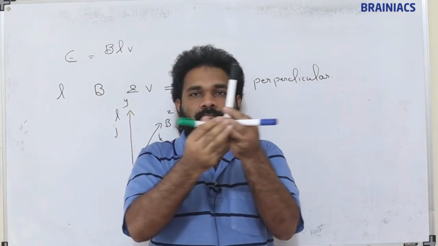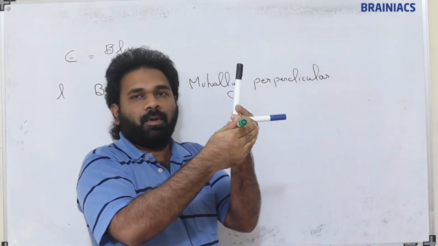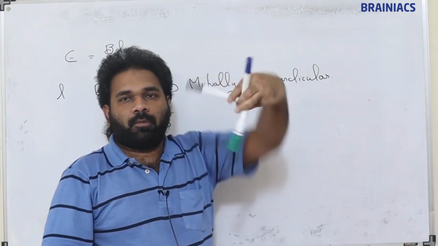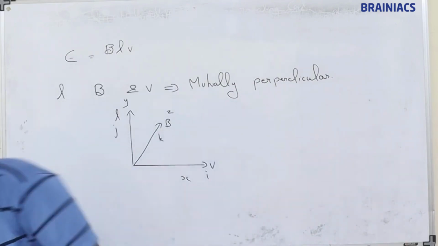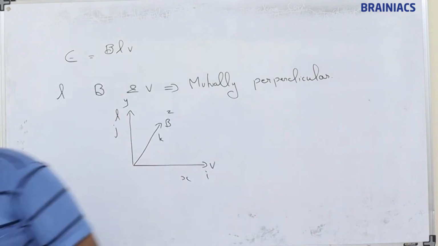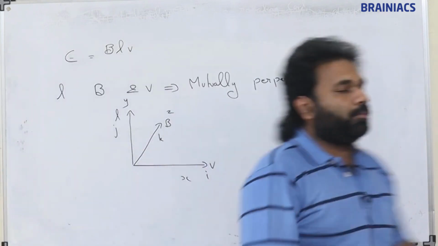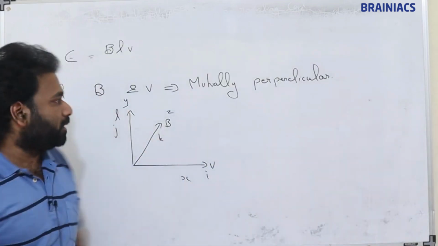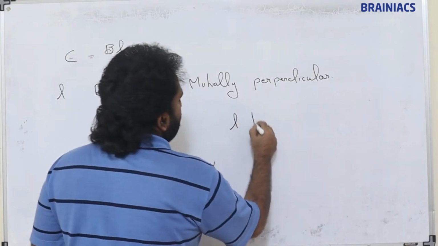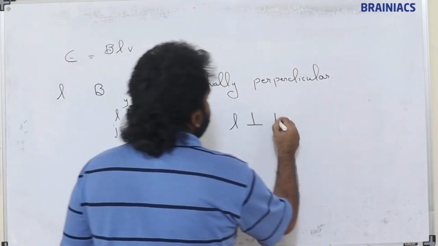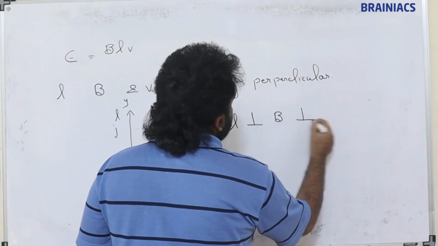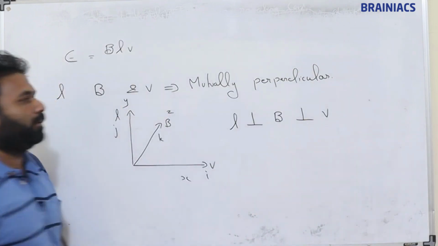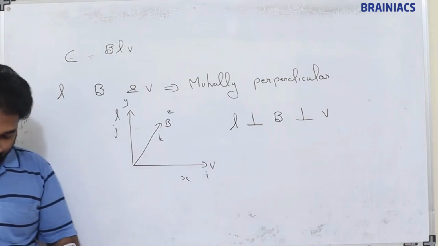They must be mutually perpendicular, all at 90 degrees. So that is one condition, otherwise it will give zero value. So remember they must be mutually perpendicular. L must be perpendicular to B, and B must be perpendicular to V. Clear?